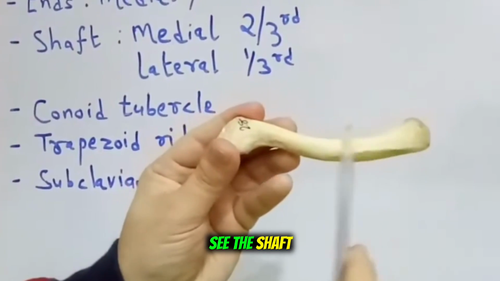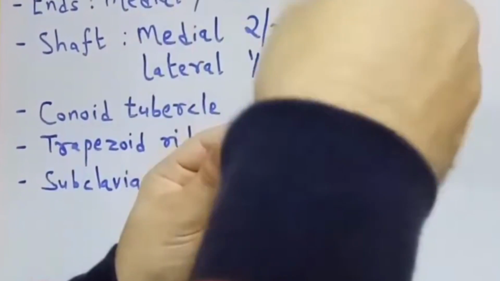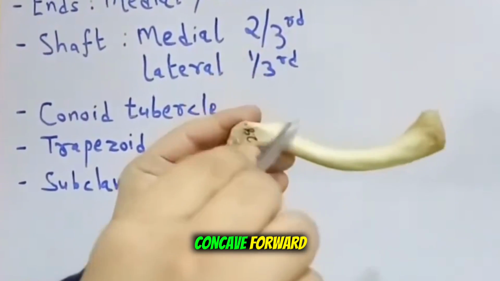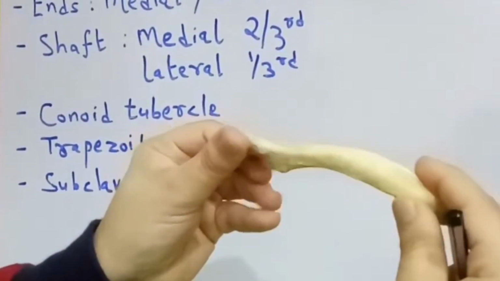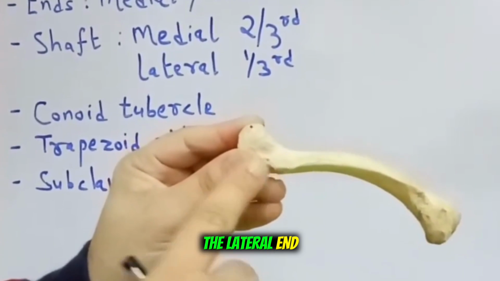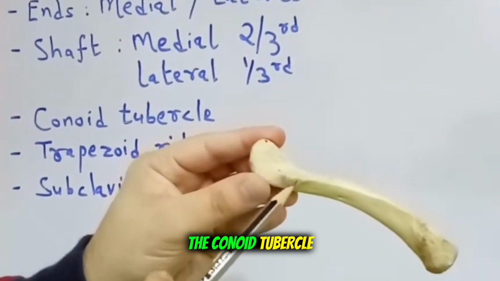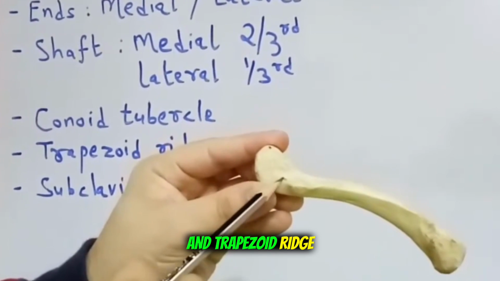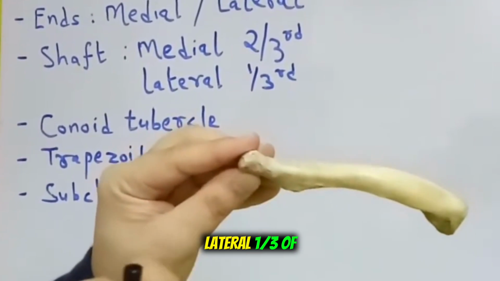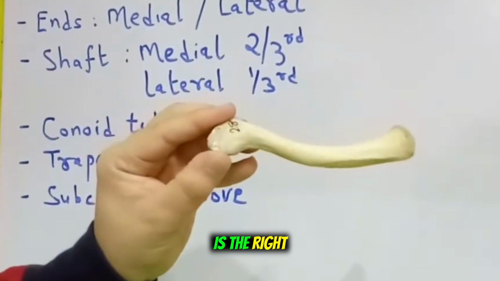And if we see the shaft, the medial 2/3 is convex forward, concave backward, and the lateral 1/3 is concave forward and convex backward, whereas present on the inferior surface of the lateral end, we see the conoid tubercle. This is the conoid tubercle and the trapezoid ridge, which is going laterally. So keep it inferiorly on the lateral one-third of the shaft. So this clavicle is the right clavicle.